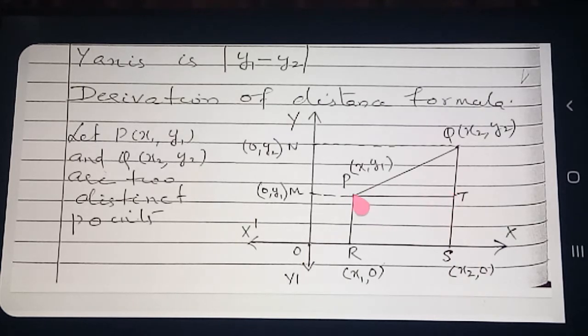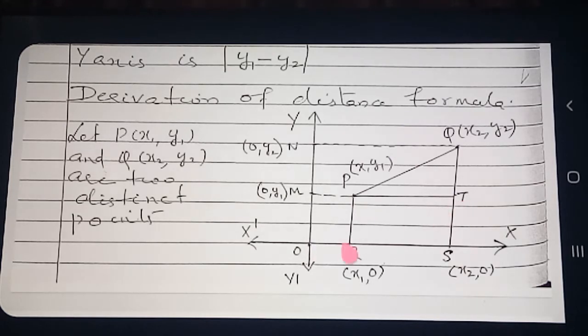If you know the value of PT and the value of QT, you can apply the Pythagoras theorem. So with the help of the Pythagoras theorem, what will PQ be? PQ is the hypotenuse of the right-angled triangle. So this is 90 degrees, no? If this is 90 degrees, this is the hypotenuse. So if you know the value of PT and the value of QT, you can find out PQ easily. Clear?